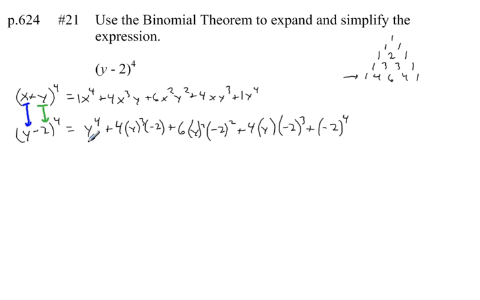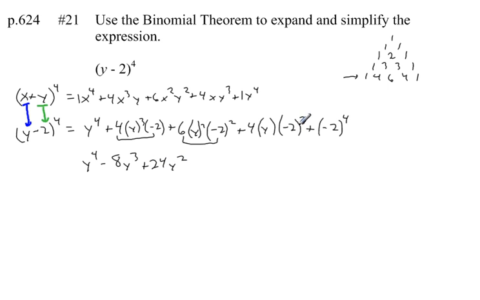Now we need to simplify this. So simplifying one term at a time, that gives us y to the fourth, plus this next term. We have 4 times negative 2, so I'm going to say minus 8. In fact, instead of saying plus, I'm just going to say minus 8 times y to the third. My next term, I have negative 2 squared, which is equal to 4, times 6, so I've got 24 y squared.